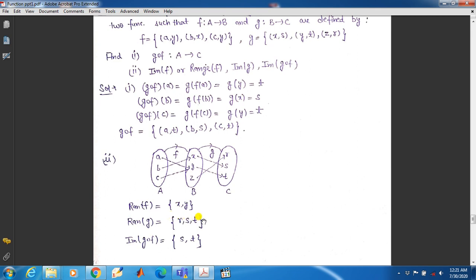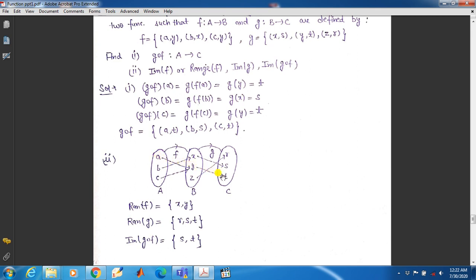Now the range of gof. gof is from A to C. For that one, A is the domain and C is the codomain. So in the codomain you have to check those elements which are the image of A. In sequence you have to go. a is mapped to y and y is mapped to t.